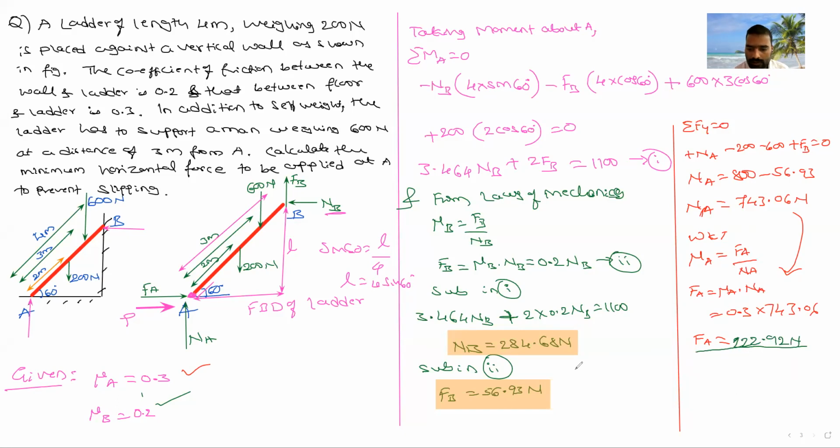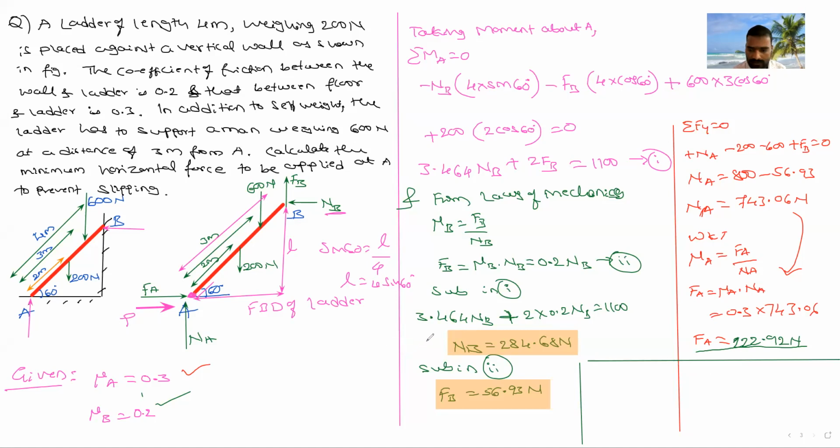Okay, next you have to find out the value of P. So how to find out the value of P? In order to find out the value of P, which equation will you apply? Sigma Fx is equal to 0.